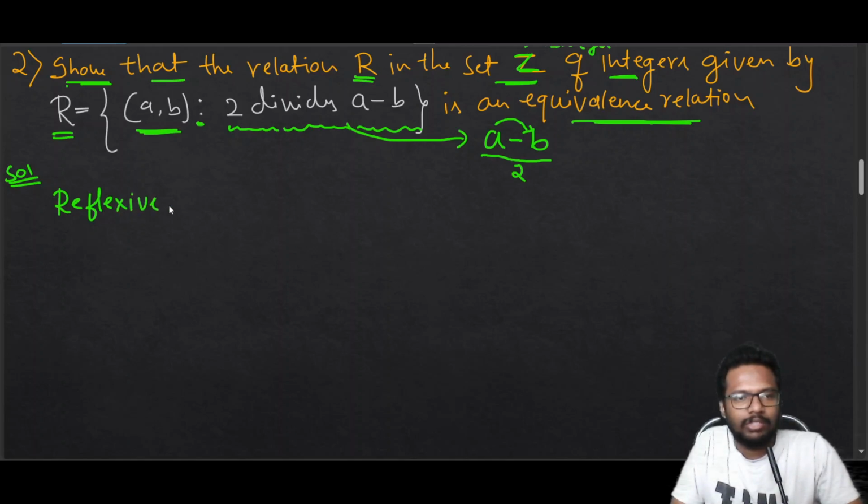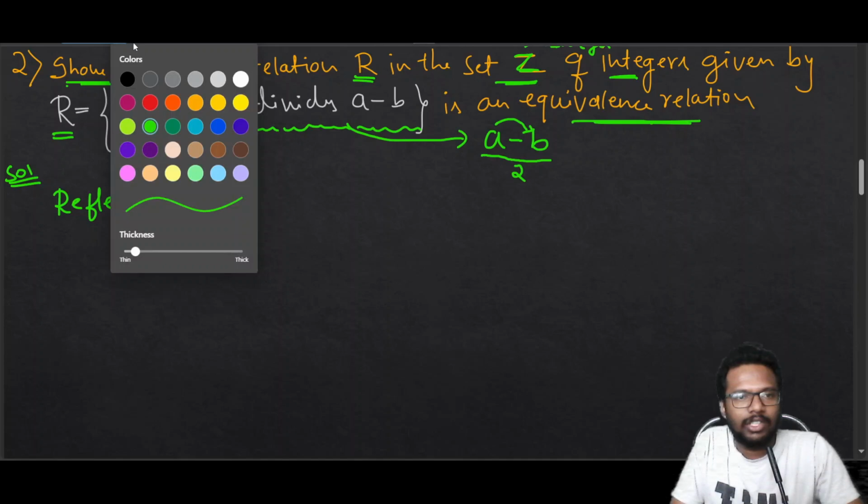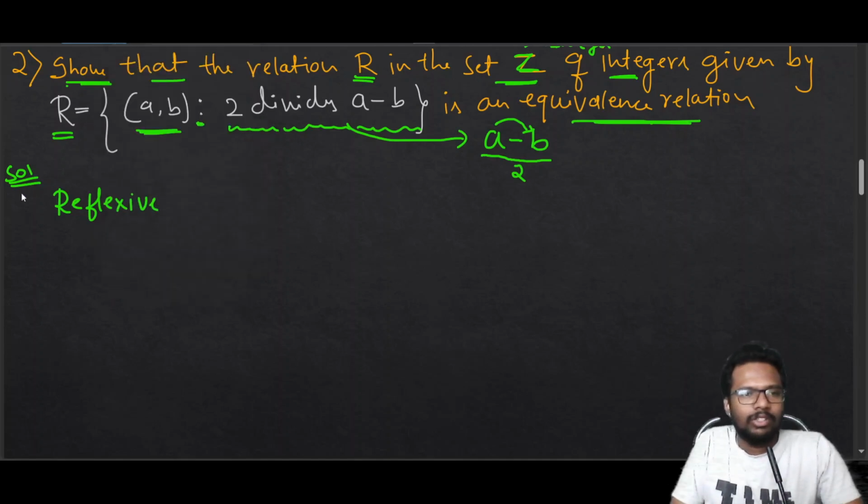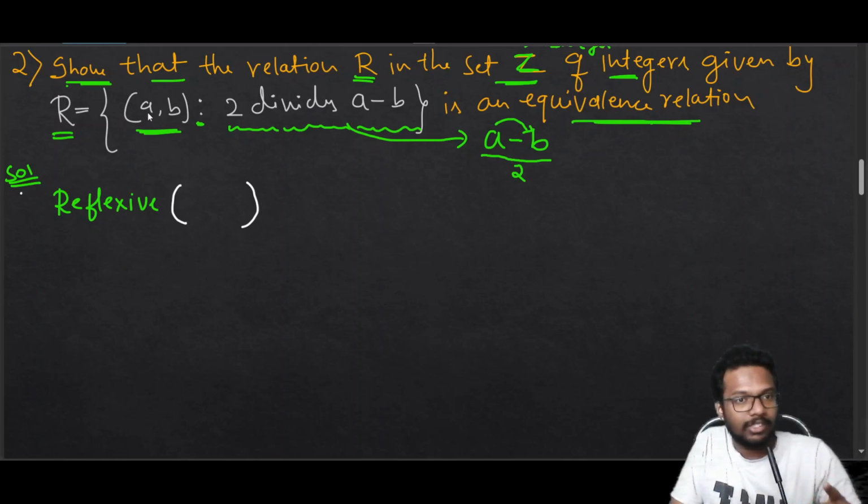Reflexive relation. I have already discussed our main target in the last video. Here they have given an ordered pair (a, b). By definition, a reflexive relation means the ordered pair (a, a) belongs to R, that is, an element a should be related to itself.